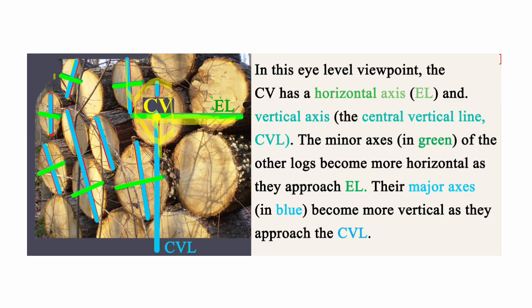Now, for the minor axes of all these other ellipses, you could see that they get more horizontal as they approach the center of vision. The major axes, these blue axes, become more vertical as they approach the center of vision. And if you were to follow them down, you would find that they all converge toward the nadir.